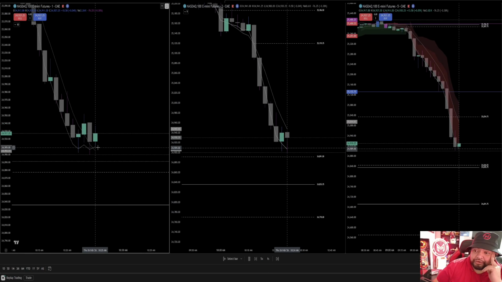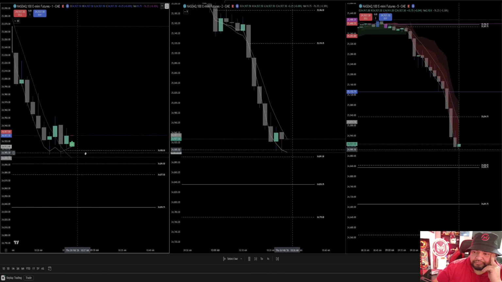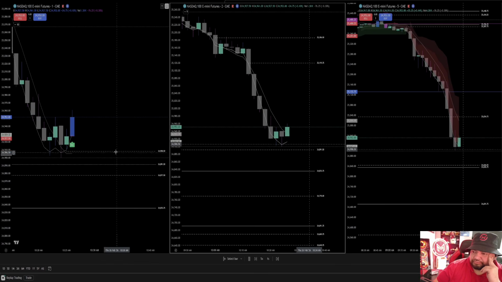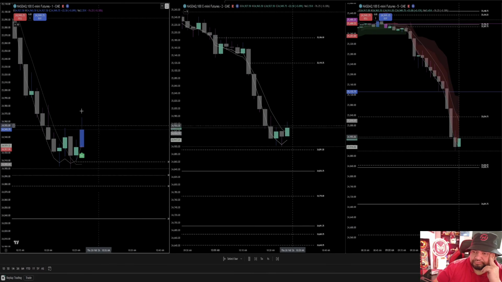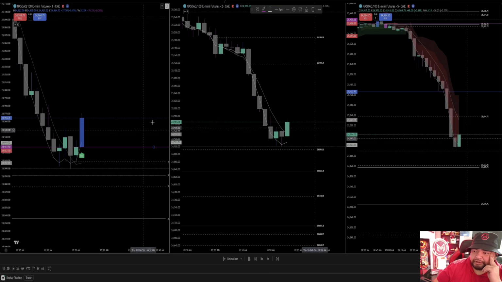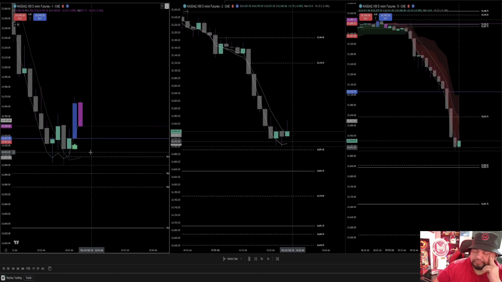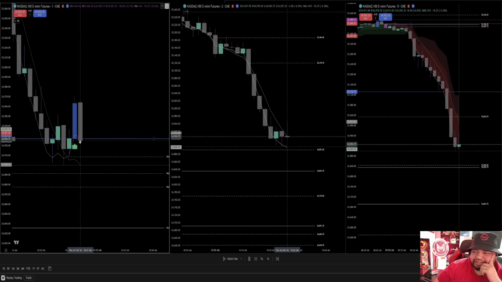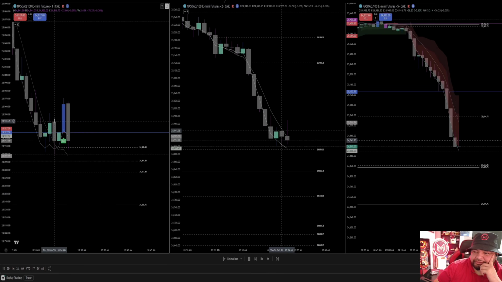If I see a cross below, and I see my blue candle pop up, immediately I'd be marking the bottom. Okay, there's the break. So I want to see it hold. If it closes below, I immediately know what I'm going to be doing.